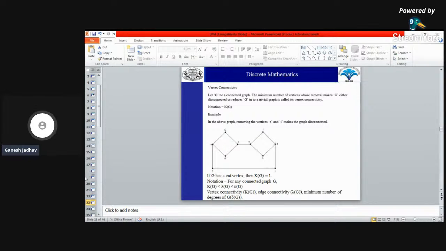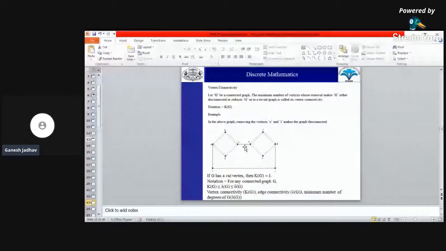Then the vertex connectivity. What they say in this particular graph is, whenever you remove this particular cut, you can say that these are separate graphs. These are two graphs. You can also say that this is a cut edge, or bridge.